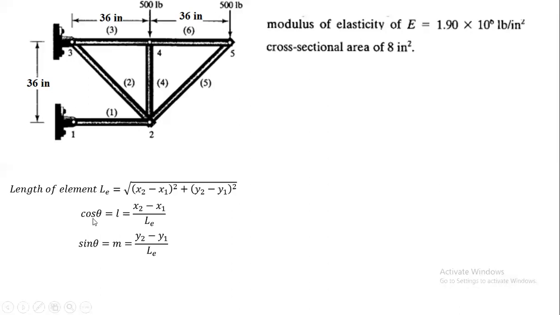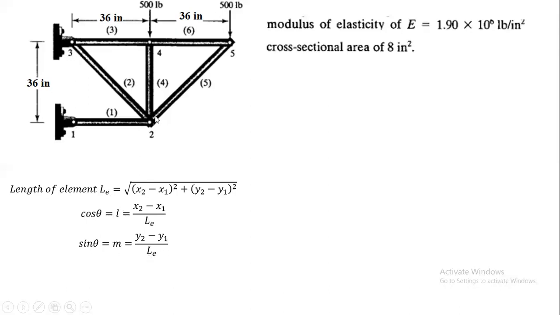Same thing, we need the direction cosines, that is cos theta and sin theta. Cos theta for each element we have to calculate. For the first element, it is x2 minus x1 divided by the length of the element. For sin theta, it is y2 minus y1 divided by the length of the element.